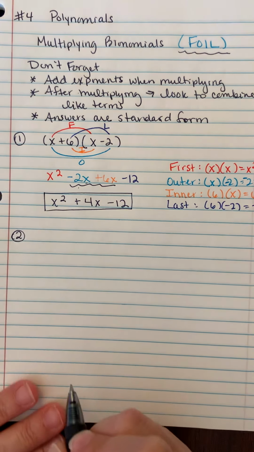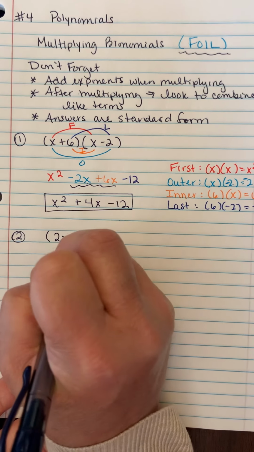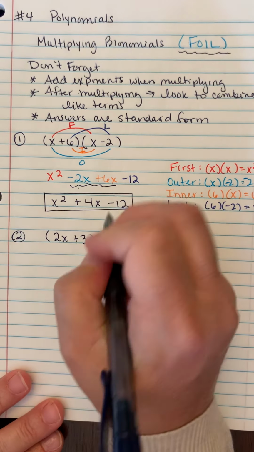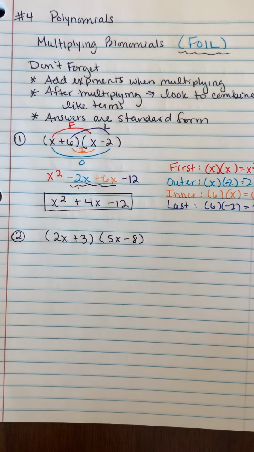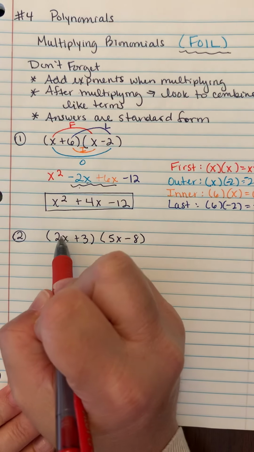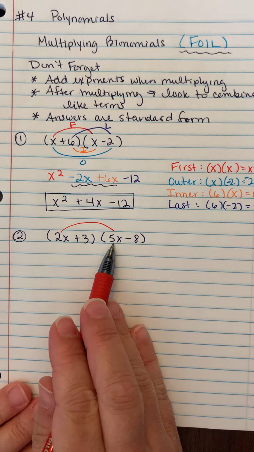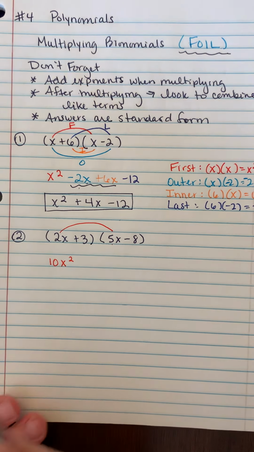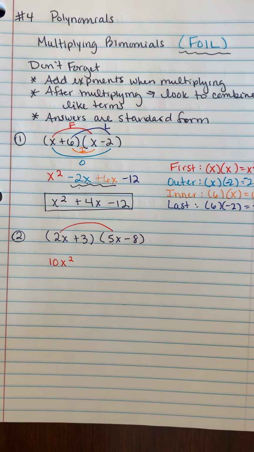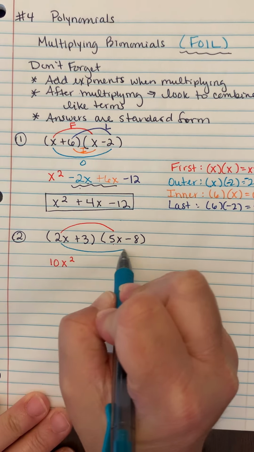So let's try another one here. Let's take 2x plus 3 times 5x minus 8. Okay, and I'm going to color code it the same way as I did before. You're going to take the 2x times the 5x. So 2x times 5x is 10x squared. And then you're going to take 2x times negative 8.